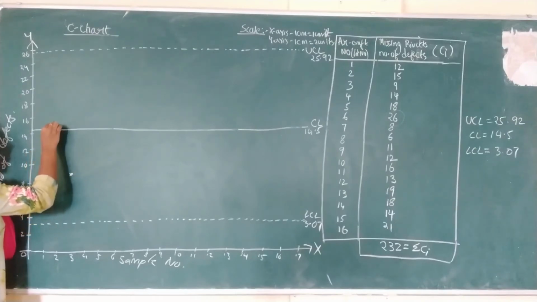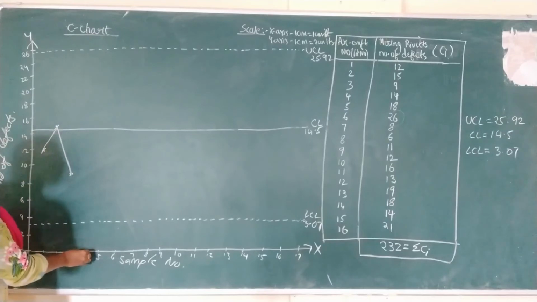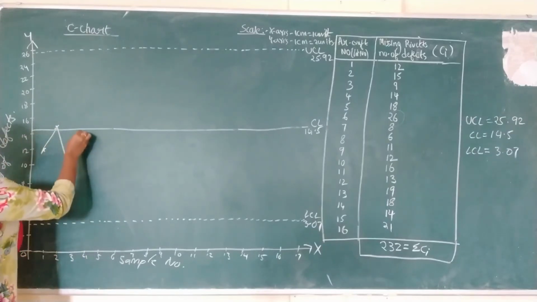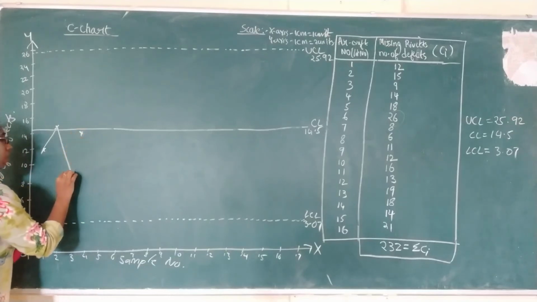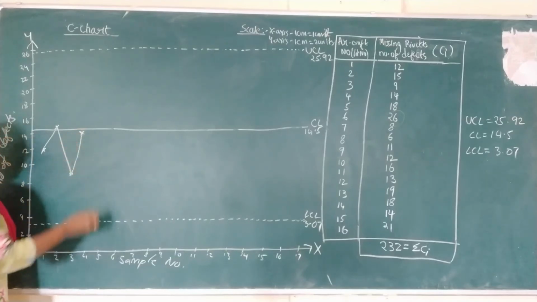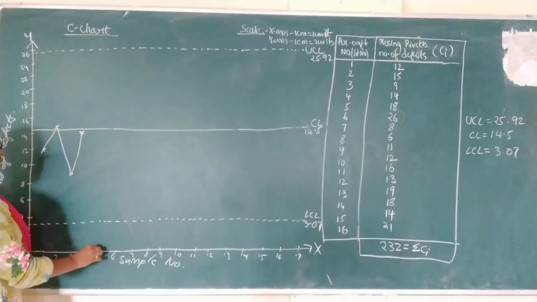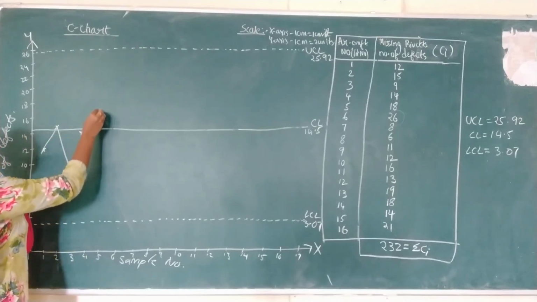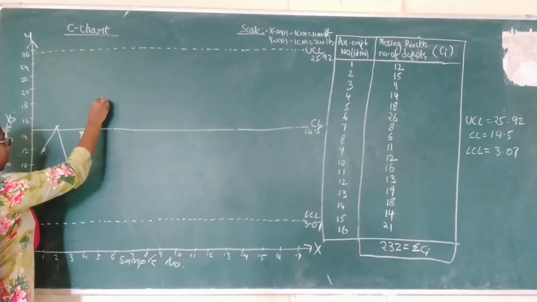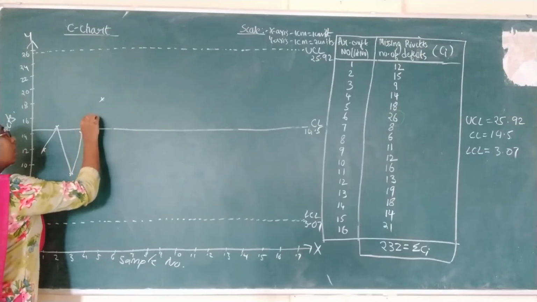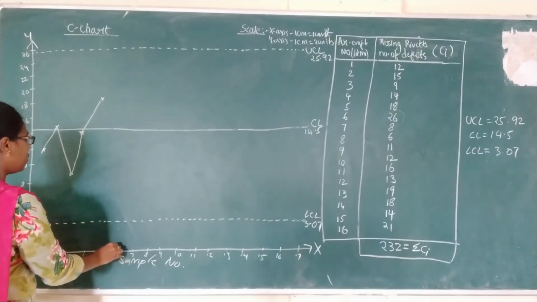Keep joining it to avoid the confusion. Next, for the fourth sample, it is 14. For the fifth sample, the CI value is 18. Next, for the sixth sample, the value is 26.